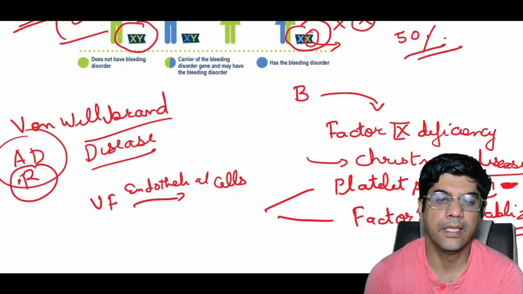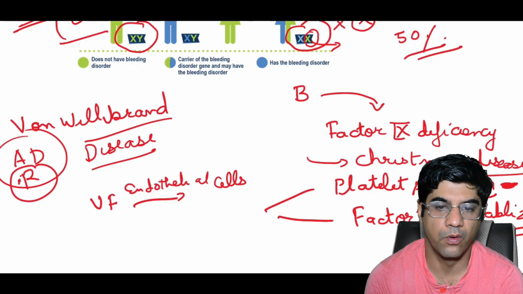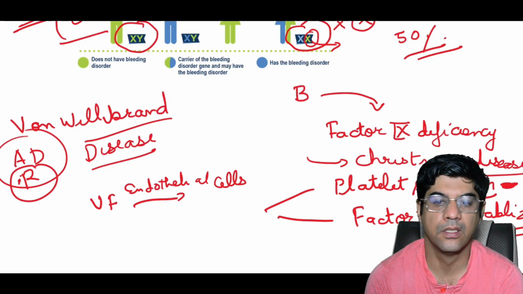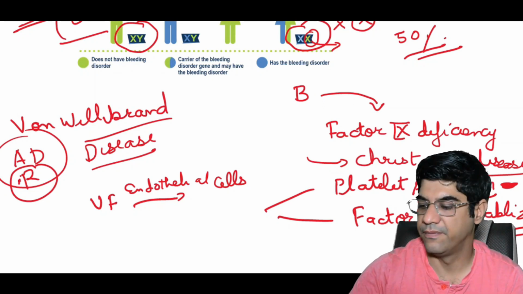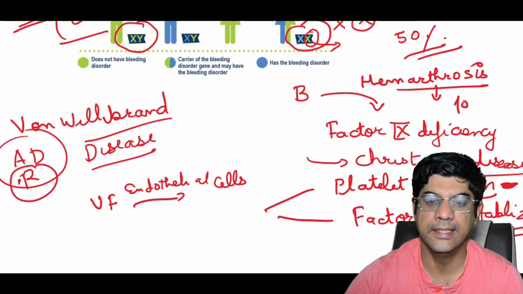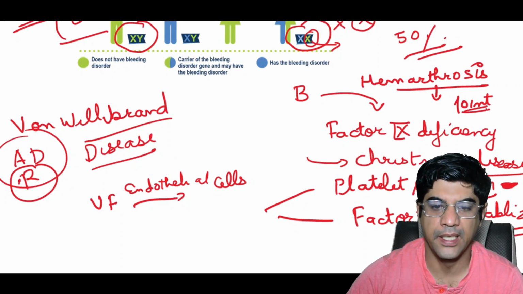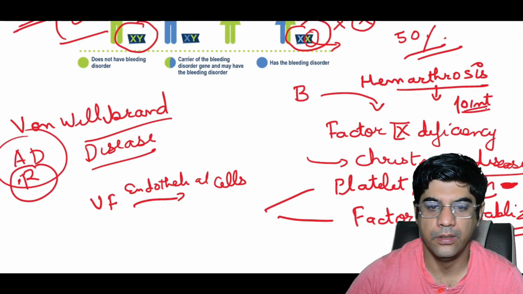Now, individuals with these bleeding disorders experience prolonged bleeding from cuts, wounds, or even after a surgical procedure. There would be, remember, hemarthrosis. That is bleeding into the joints, like the knees, elbows, and ankles.